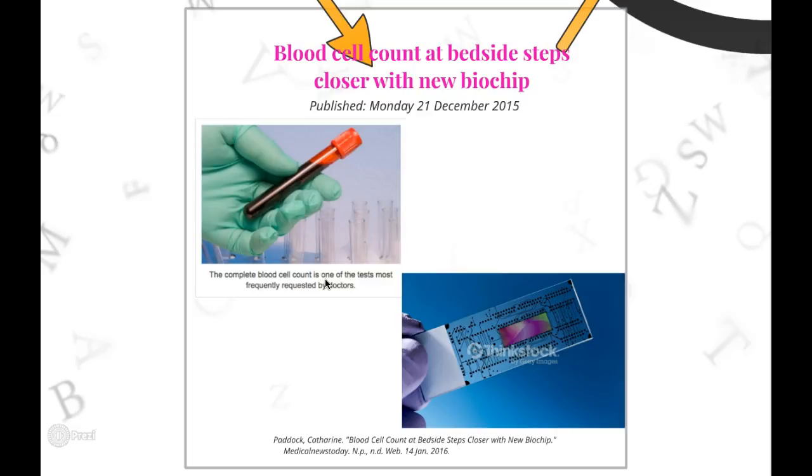After the sample is diluted with saline on the chip, the cells are counted electrically. The total time to obtain the results is under 20 minutes. Wow, that's pretty short. And one of the researchers remarked, the translation of our technology will result in minimum to no experience requirement for device operation.